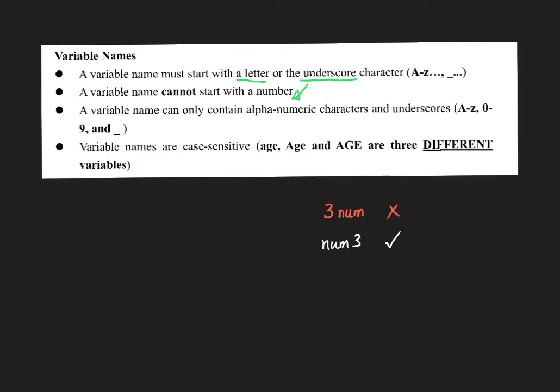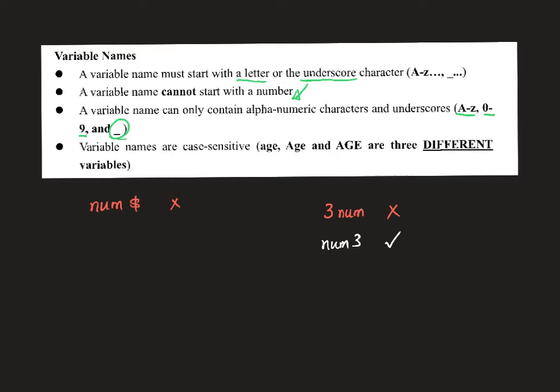And second, a variable can only contain letters, numbers, and underscores. So what does it mean? For example, if I declare a variable with num$, this one is not valid.